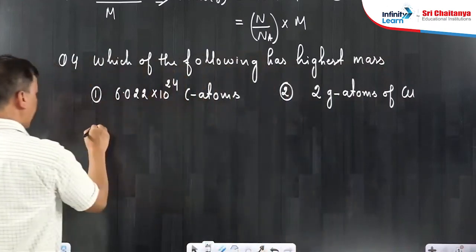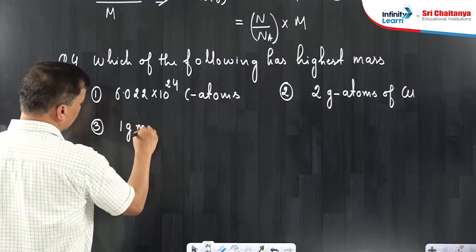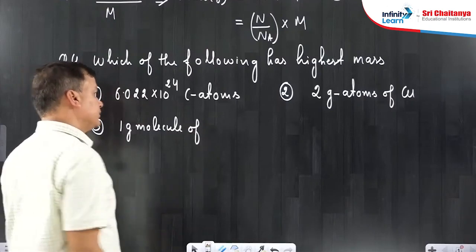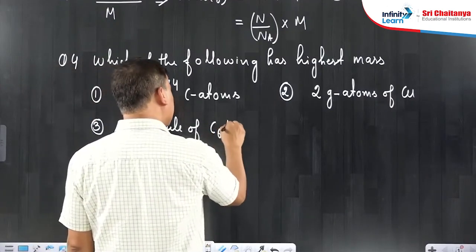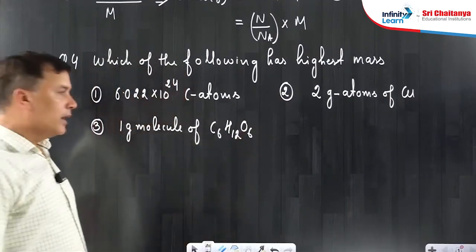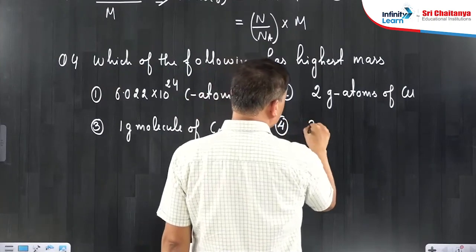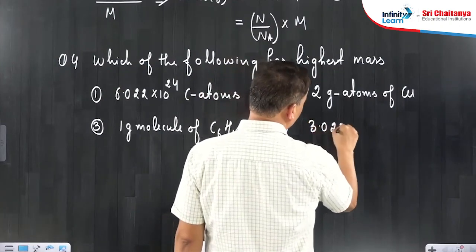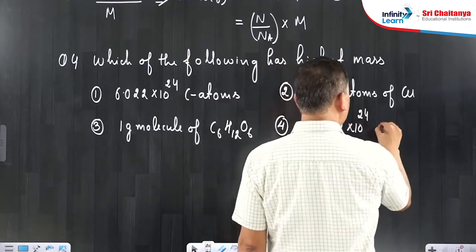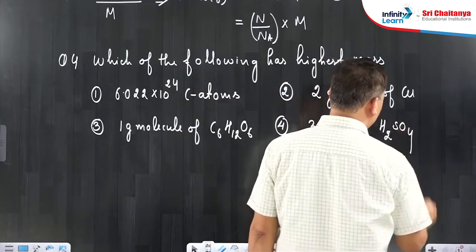Number 3: 1 gram molecule of glucose, C6H12O6. And number 4: 3.022 into 10 raised to power 24 H2SO4 molecules of sulfuric acid.